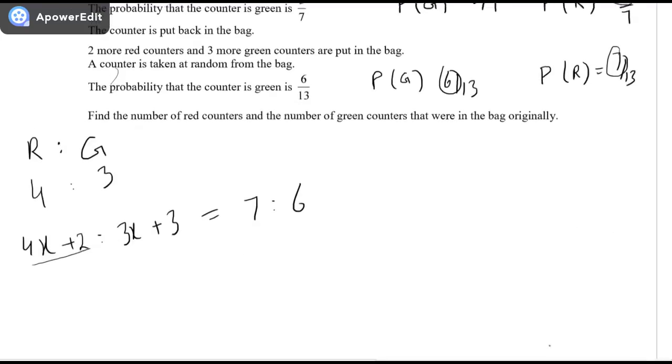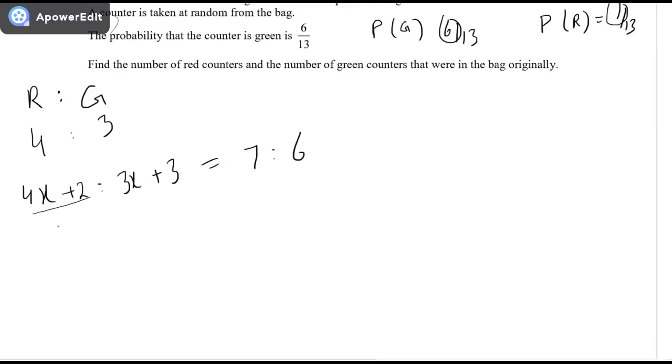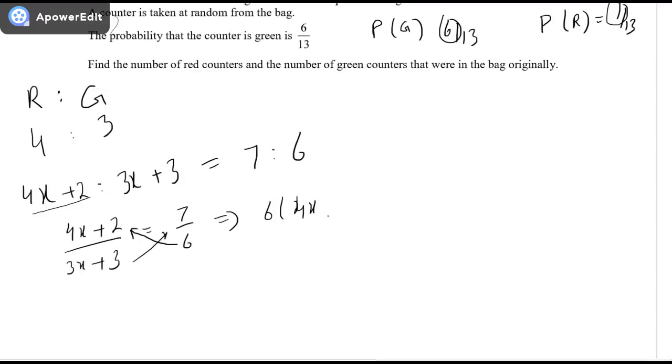Now I told you before in the previous question, the ratio we can write as a division, so 4x plus 2 over 3x plus 3 is going to be 7/6. Now I'm going to do cross multiplication, this implies that 6 times 4x plus 2 equals 7 times 3x plus 3.